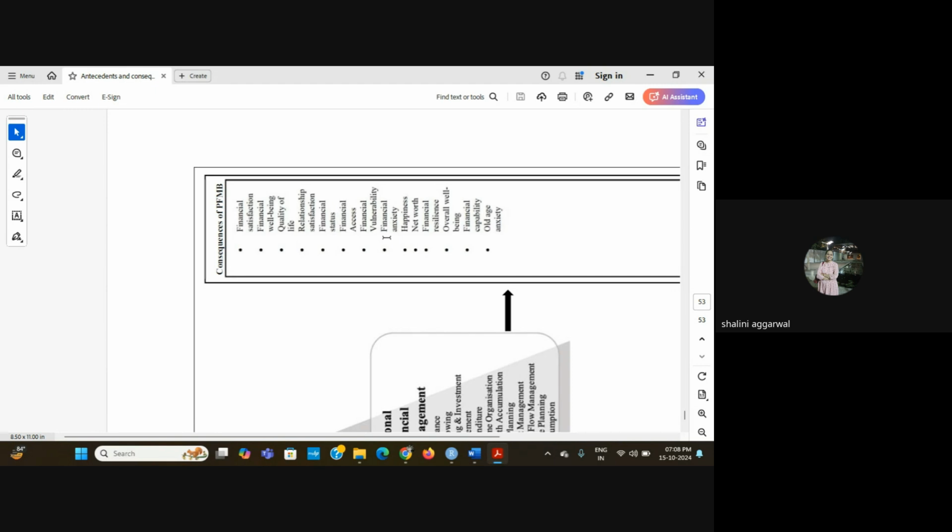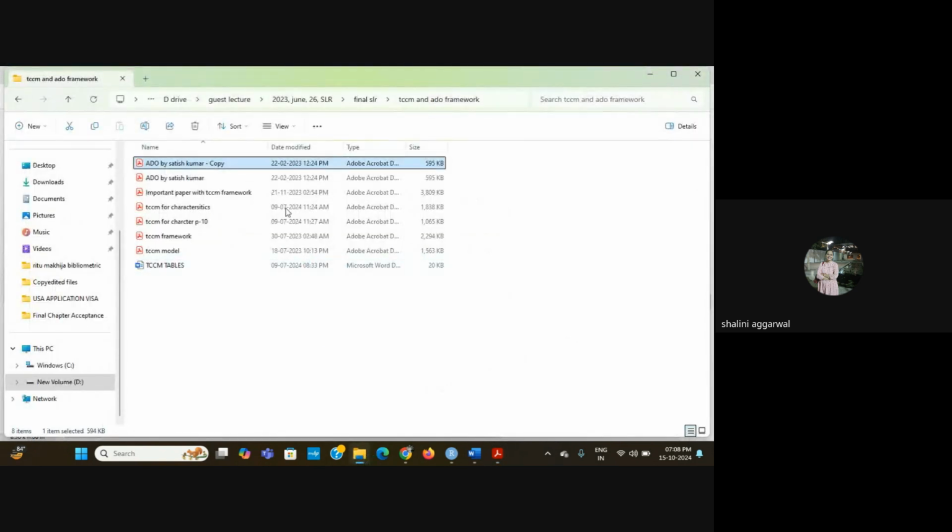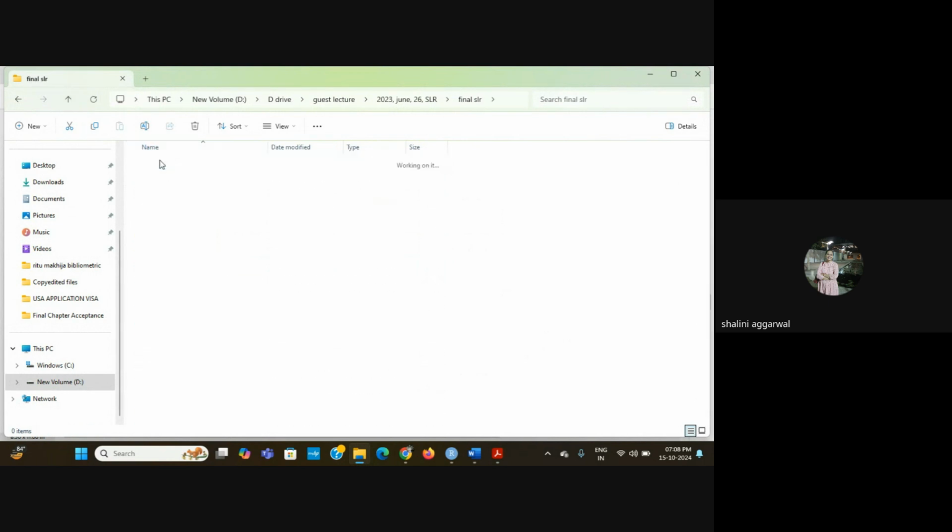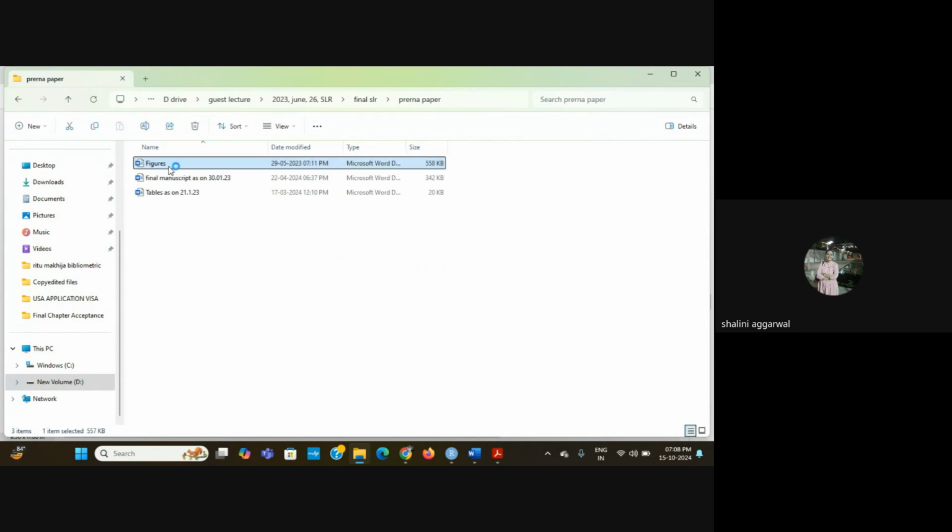So this is another way of designing an ADO model. You can also make small changes when designing it. The model I showed you yesterday was designed by me; I also made certain changes and designed it like this.